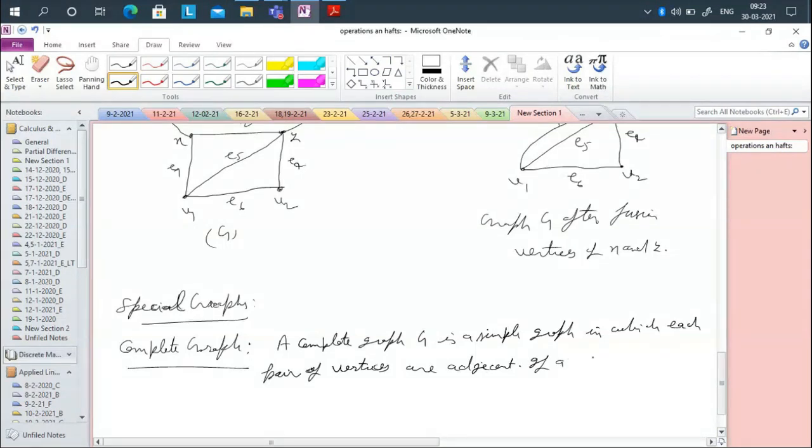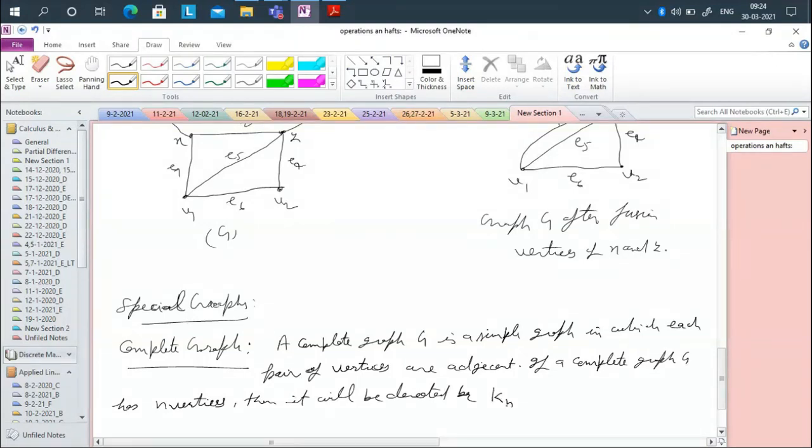If a complete graph G has n vertices, then it will be denoted by Kn.